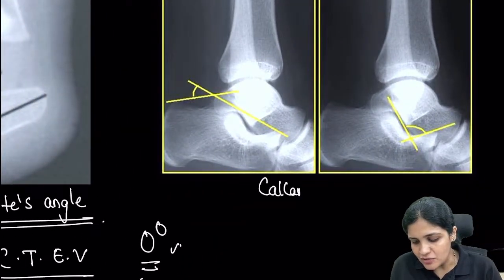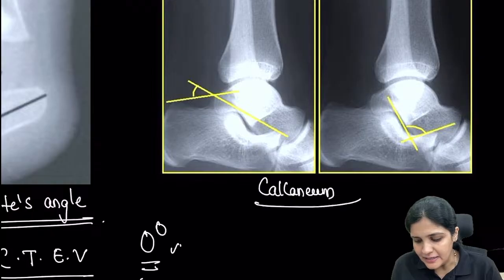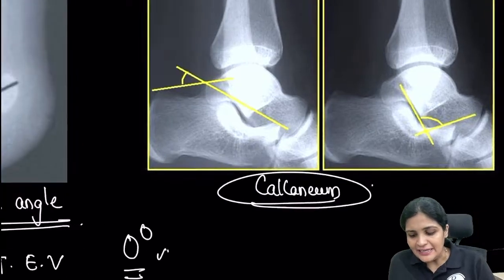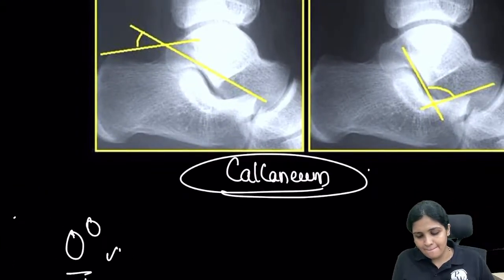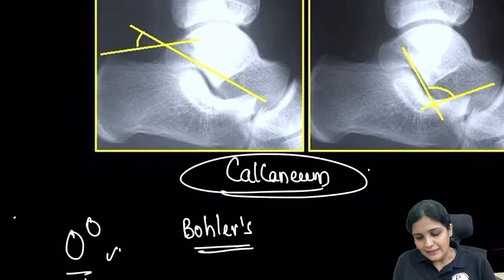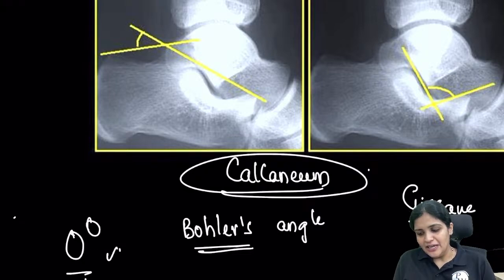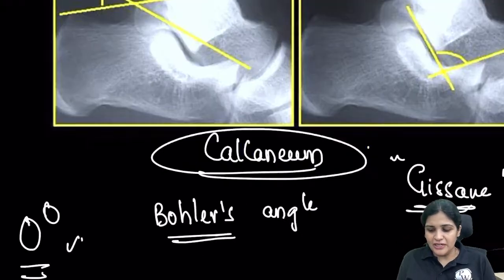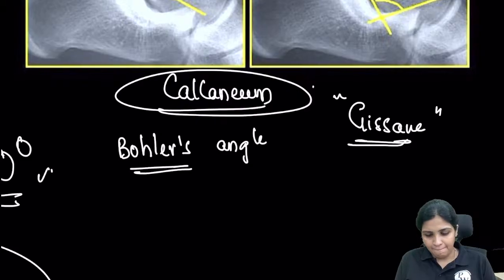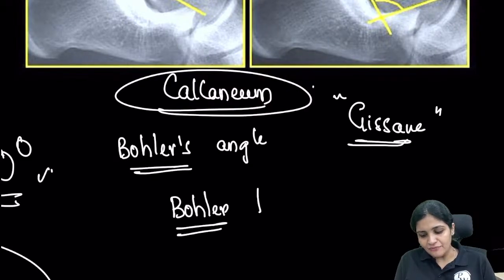And what are these angles? These are the angles of the calcaneum, right? So there are two important angles. The first one is Bohler's angle. The second one is the crucial angle of Gissane. Which one increases and which one decreases in calcaneum fractures?